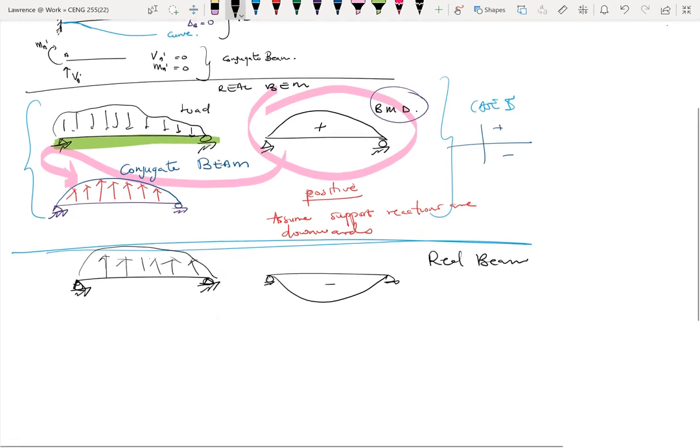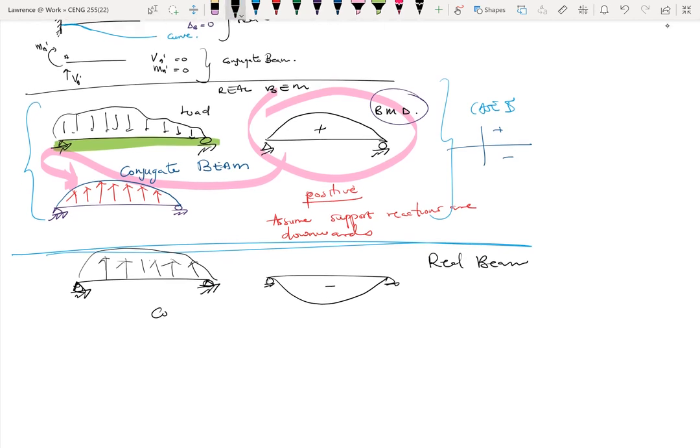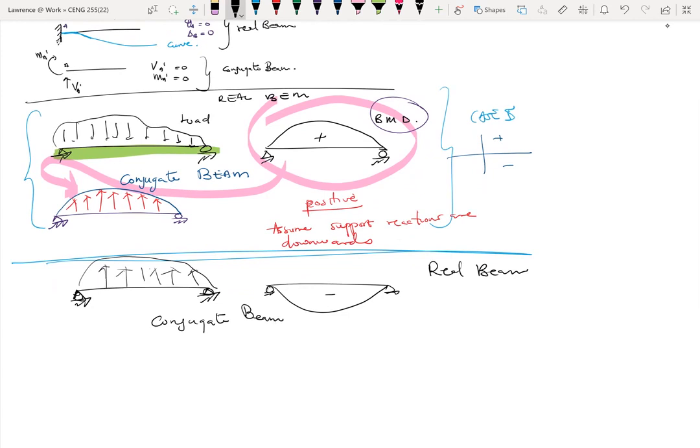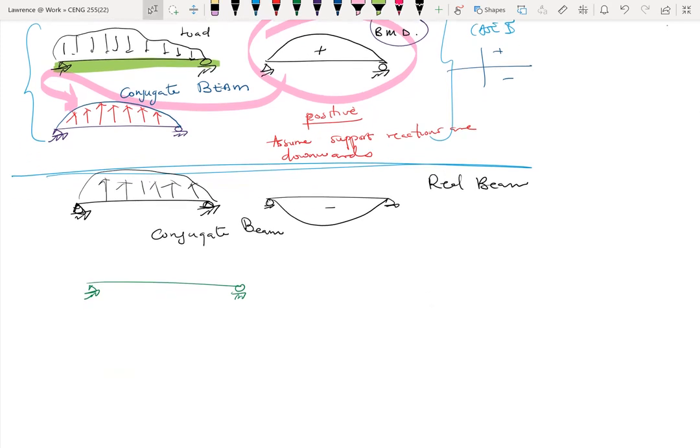Okay. So again, we have our conjugate beam. With the conjugate beam, what happens is that you load it. The way the bending moment diagram has been drawn on the real beam, we just place it in the same direction, the same position, okay?